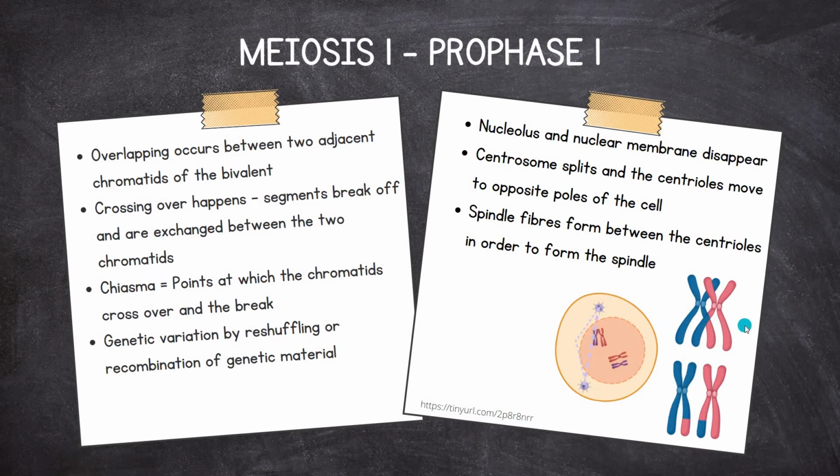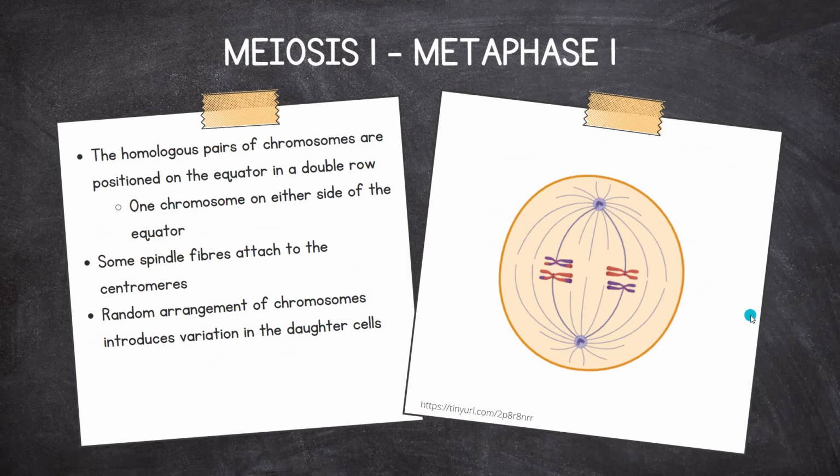Then we get to metaphase 1. The homologous pairs of chromosomes are positioned on the equator in a double row, like this. One chromosome is on either side of the equator, and some spindle fibers attach to the centromeres of these chromosomes.